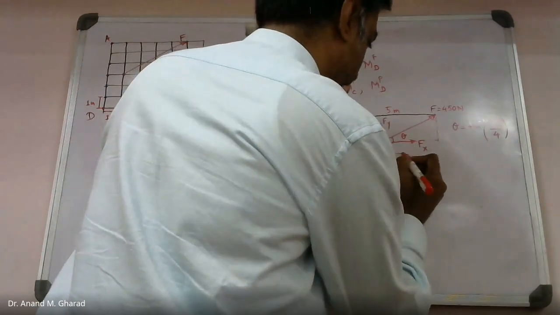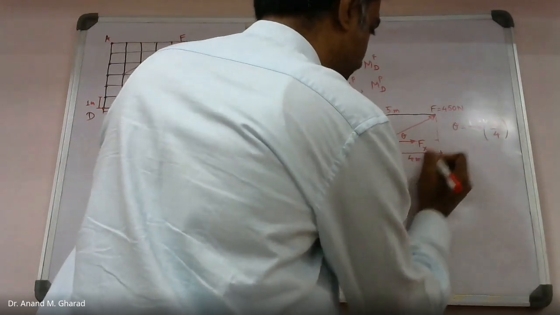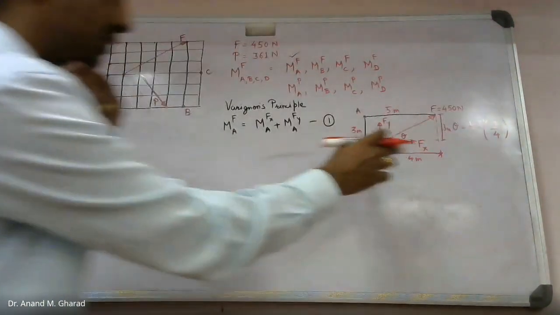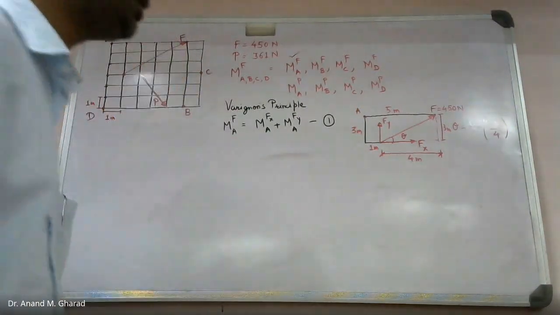Yes, sir. Okay, so you can see what I have done. I have evaluated this to be 4 meter and this to be 3 meter. Based on this geometry, I have then evaluated the theta value. How much does theta come out to be?